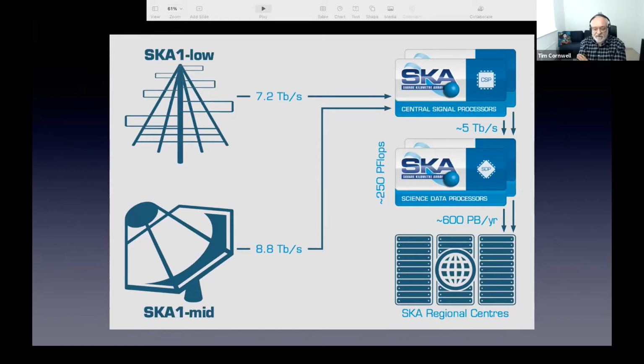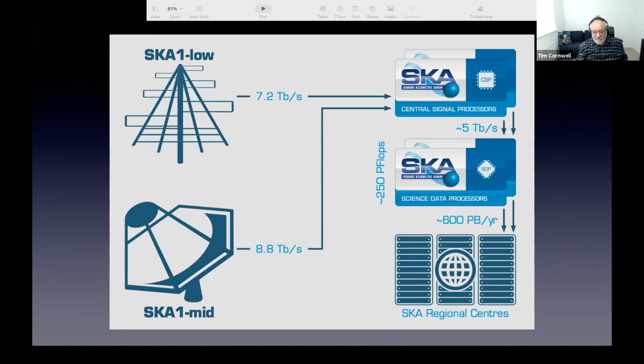Signals go into a central processor which does correlation and beamforming where necessary, and then into science data processors. The connection there is still about 5 terabits per second. The processing that has to go on is about 250 petaflops. That's what it's specified at, and that gives a yearly rate of about 600 petabytes per year. So it's a very substantial telescope.